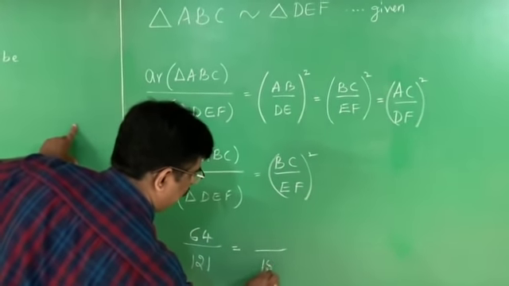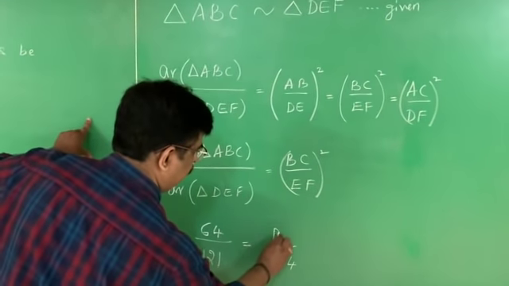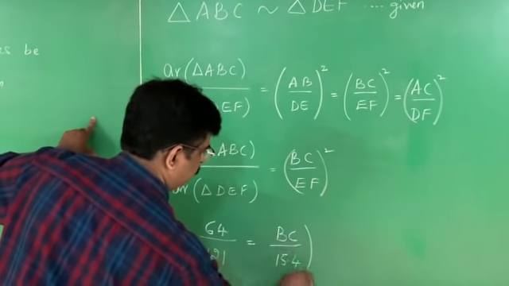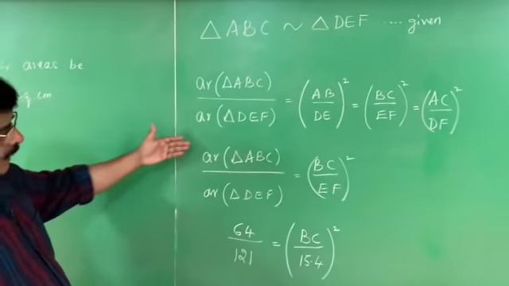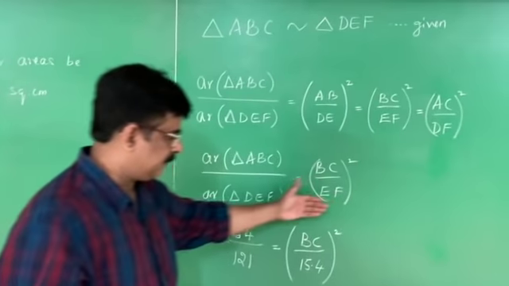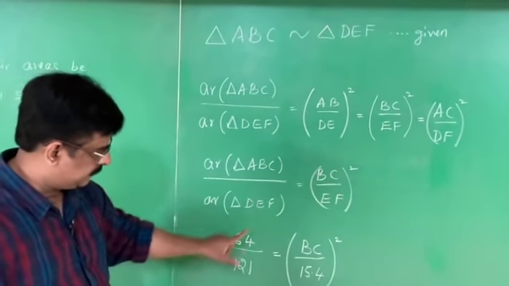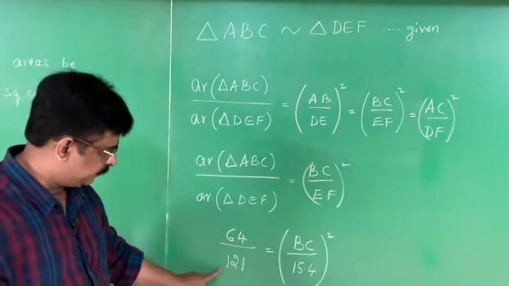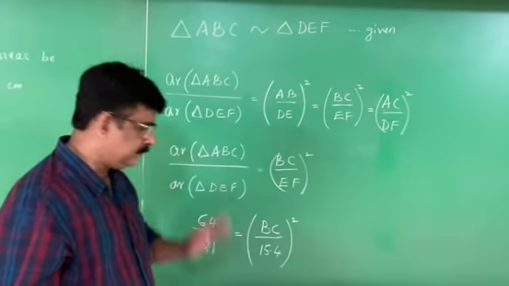We have to find BC, which is in the numerator, whole square. See how simple. This is the relation of the theorem, then the substitution. Area of triangle ABC is 64, area of triangle DEF is 121, EF is 15.4, and we have to find BC.